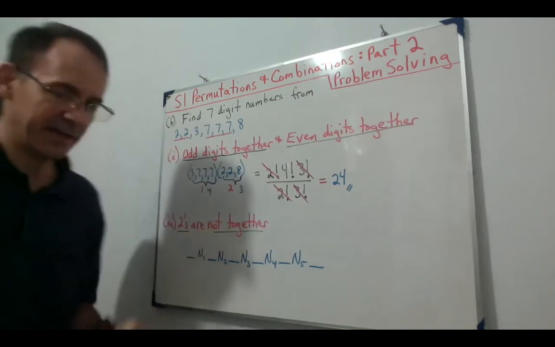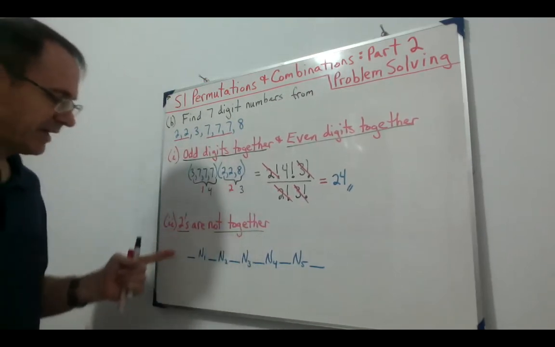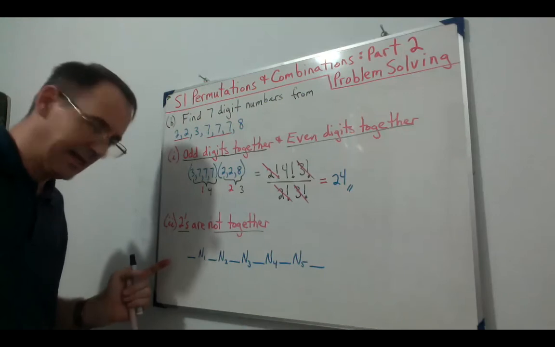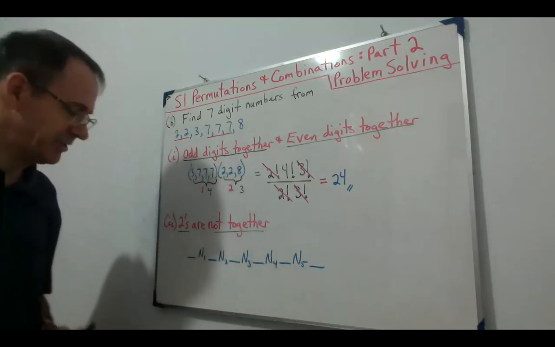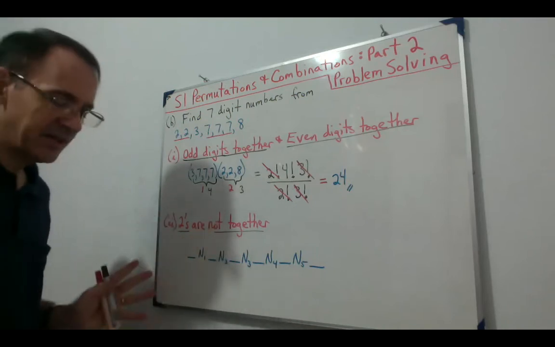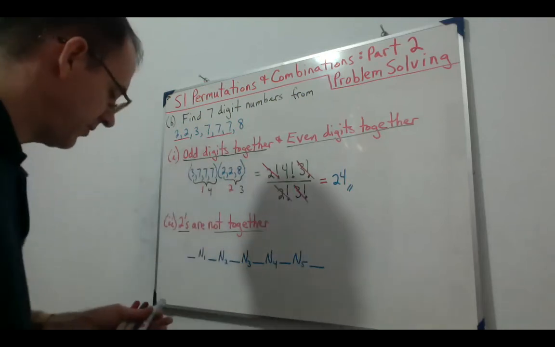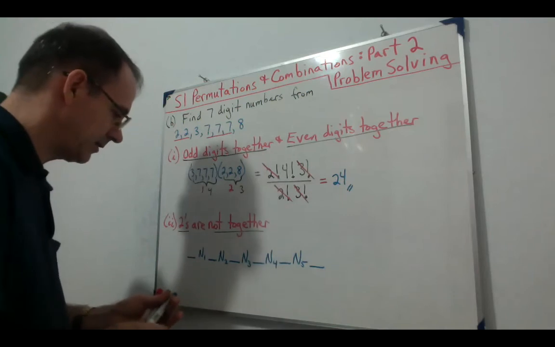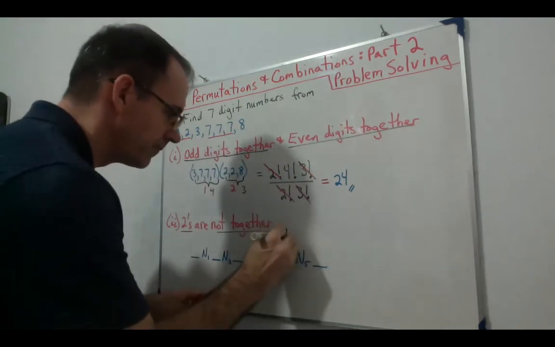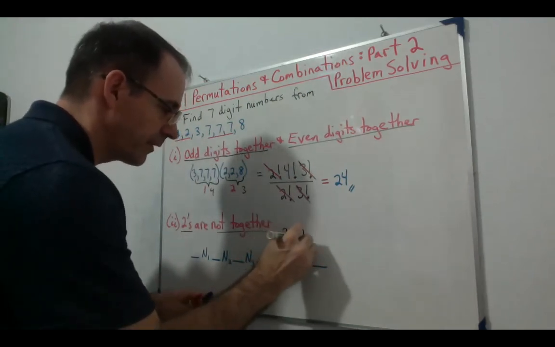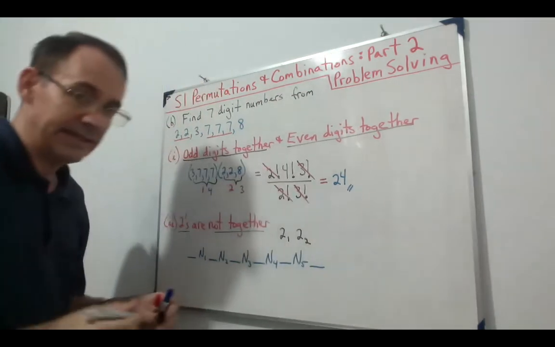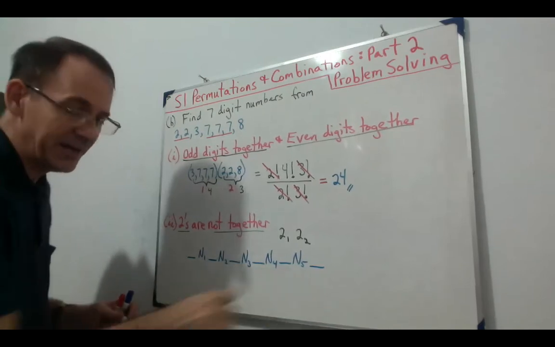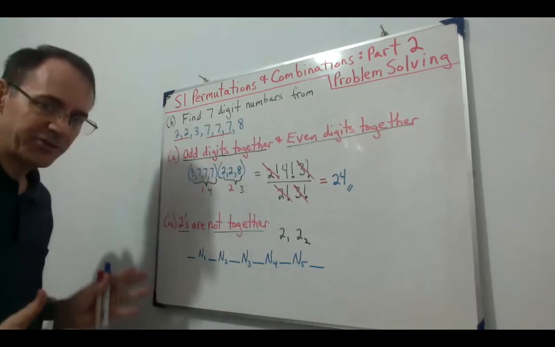So the 2s can't be together, which means they could be on the outside ends or between the others, as long as they're not next to each other. So the ends, it doesn't matter. So that's what we're going to start with. We'll put up here our 2s. Our first 2 and our second 2 have not been put in yet. So for the not 2s, there's no restrictions.